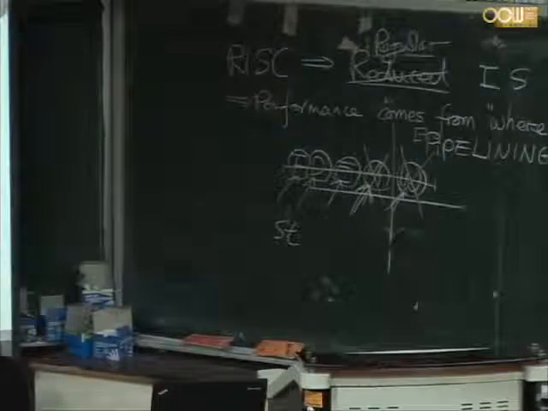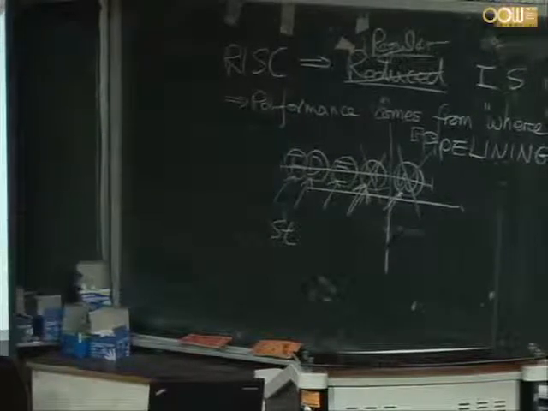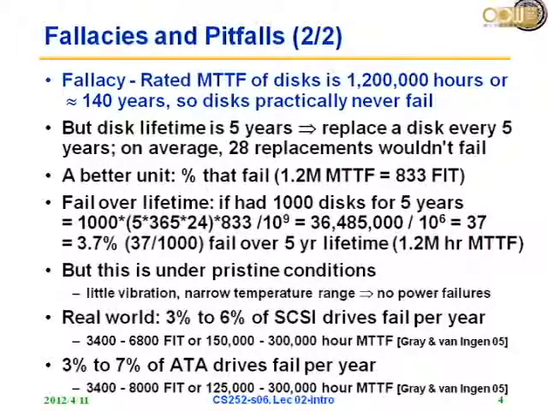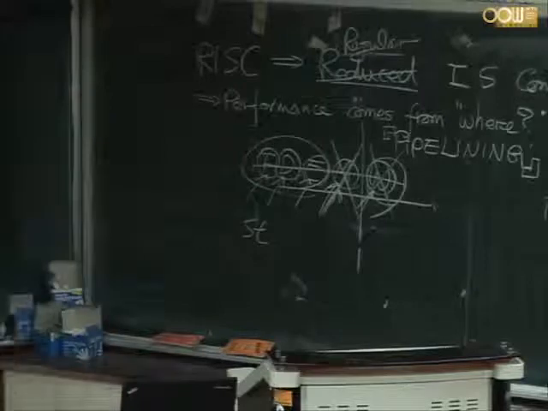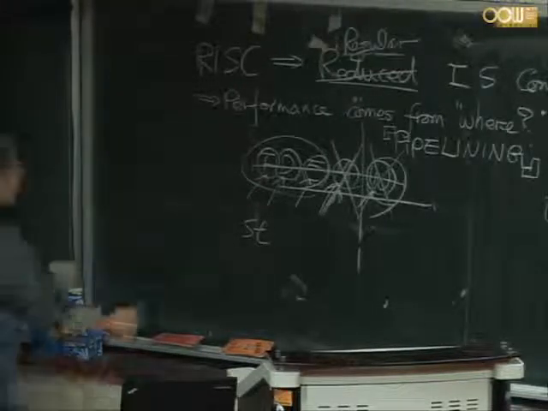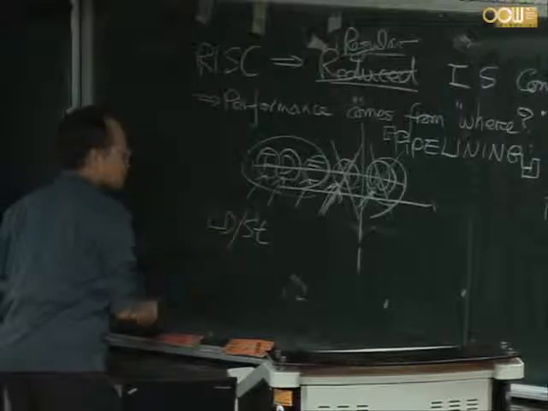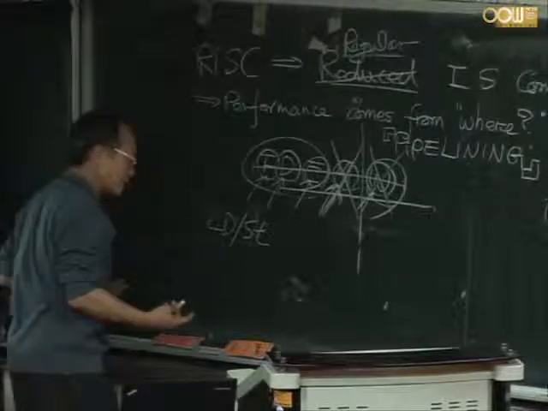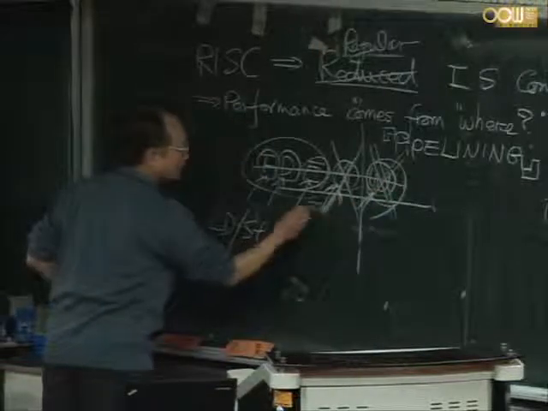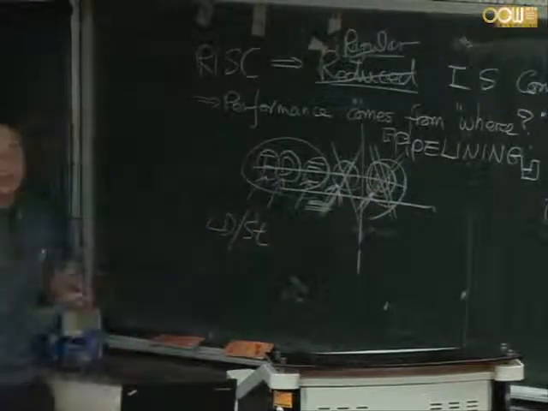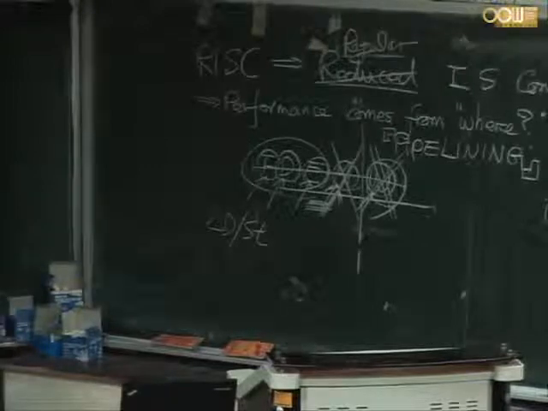Okay. What about if you have an add? Then you use these stages and you don't use the memory stage. Okay. And if you're using loads and stores, well, I told you we don't use this stage. But what about this stage? Do we need the execution stage for the loads and stores?